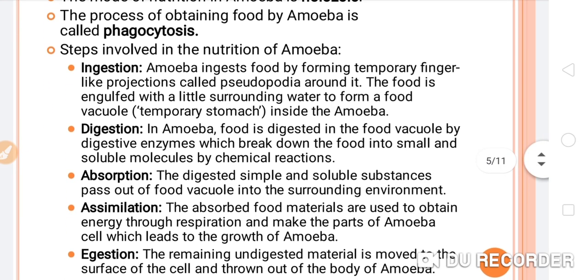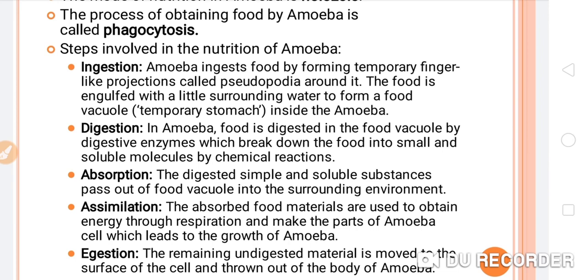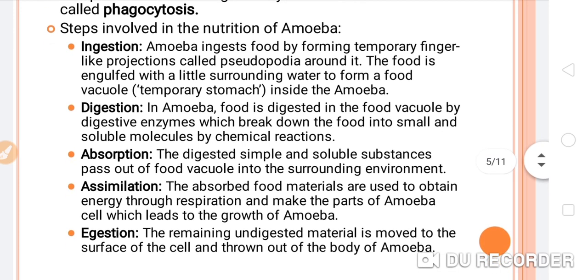Now let's see what the steps involved in the nutrition of amoeba are. Number one, ingestion. Amoeba ingests food by forming temporary finger-like projections called pseudopodia around it. This is very important, pseudopodia.